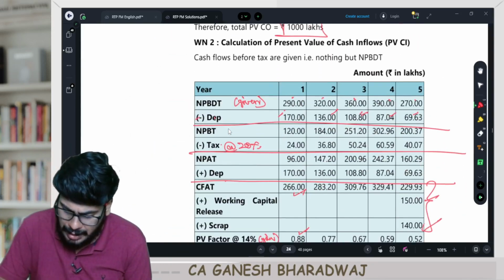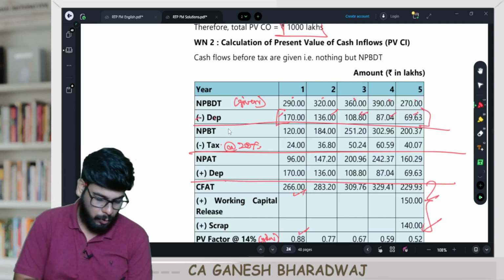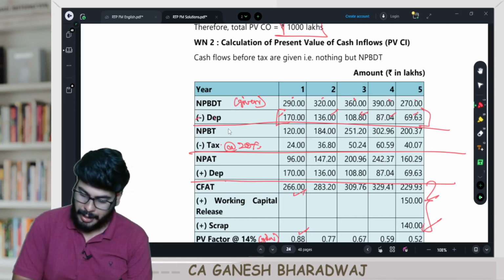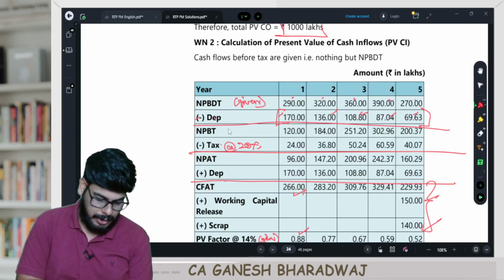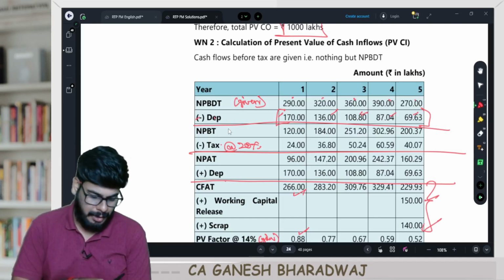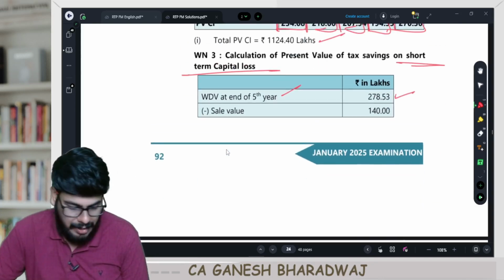Or very simply, sum total of all the depreciation, how much is it? 170 plus 136 plus 108.8, again 108.8 plus 87.04 plus 69.63. So the sum total of all the depreciation is 571.47, right? That you subtract from the initial investment of 850 lakhs, you get how much? You get this figure of 278.53.